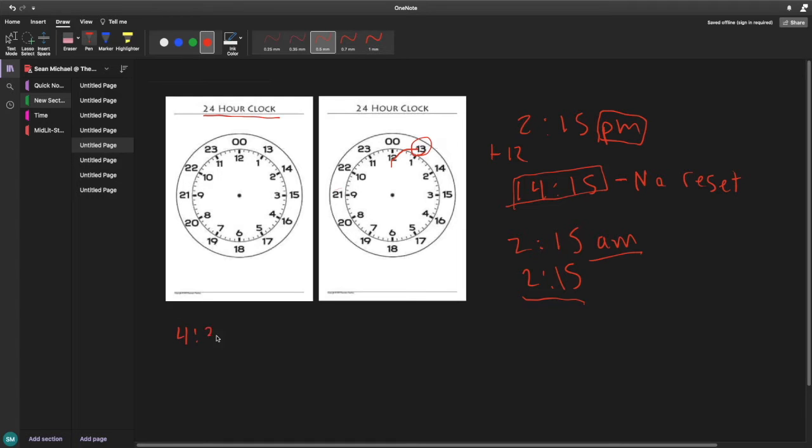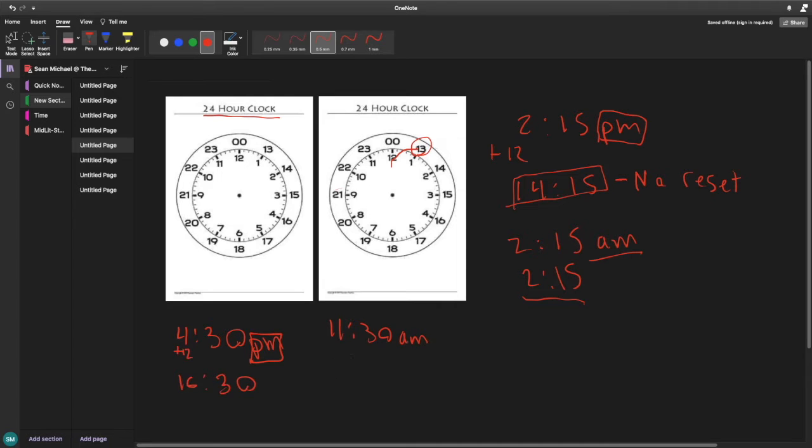So if you see 4:30 p.m., and how about we also do 11:30 a.m. When you see the PM, you add 12 hours to the hour number. So you're going to add 12, and that's going to give you 16:30.